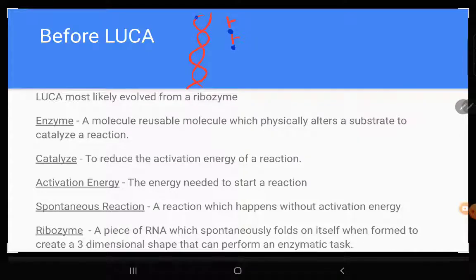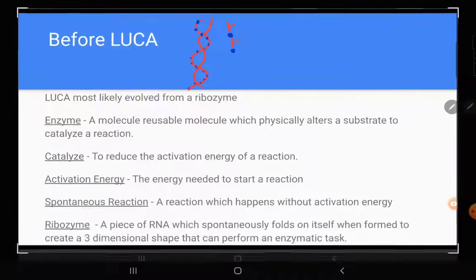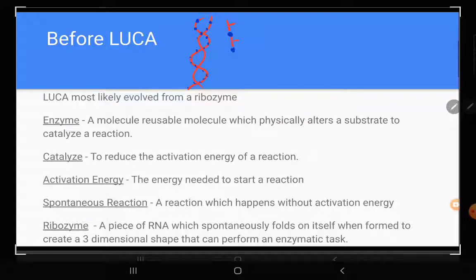If I were to draw those in here, they would be all over the place. It's called the phosphate backbone, and they're on both sides. This is really tedious. Each one of these is called a nucleotide.